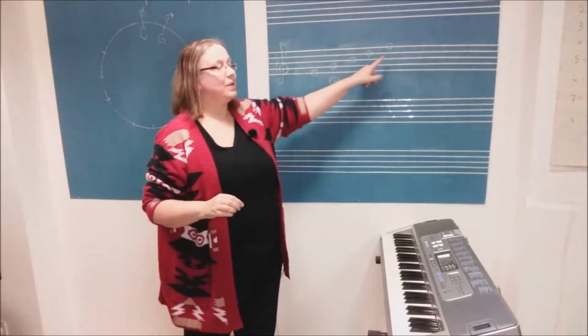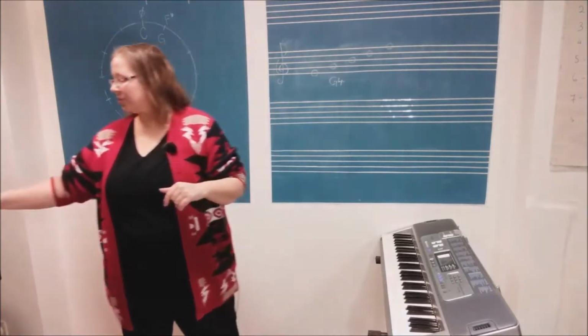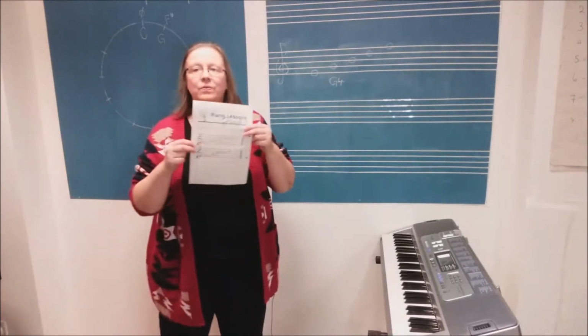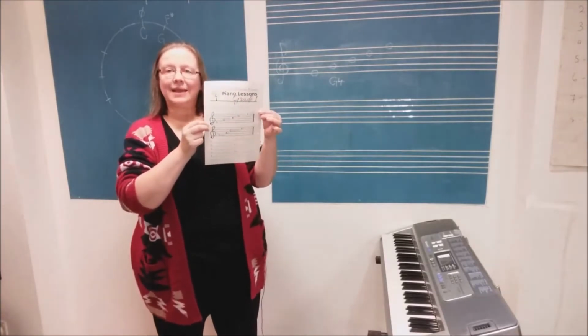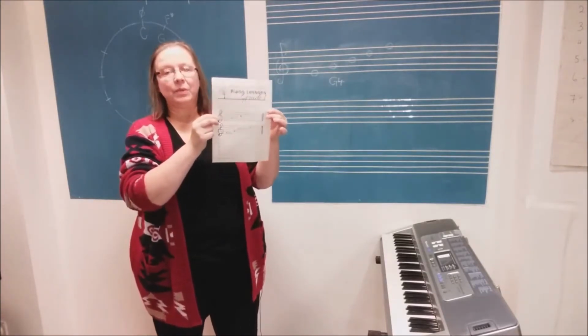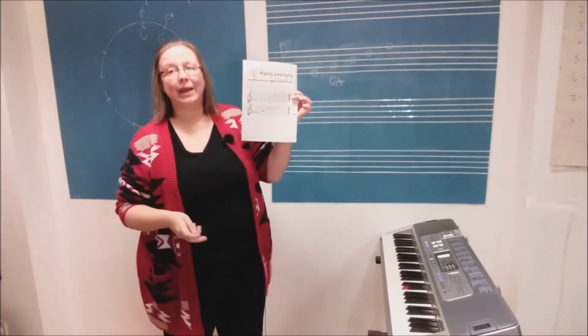Now, to help us with the rest of the line notes, on the worksheet, which is in the description below, you will find a little rhyme that we use a lot in the UK to help people remember the notes. There's also a place down here where you can write your own rhyme.